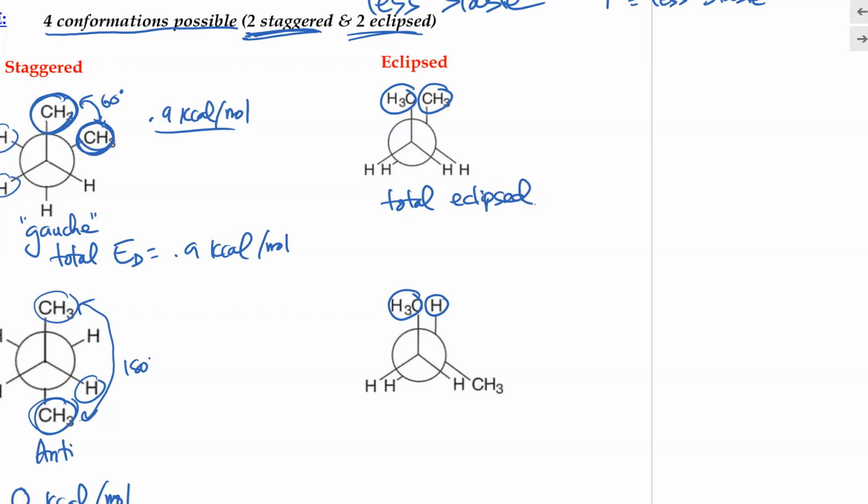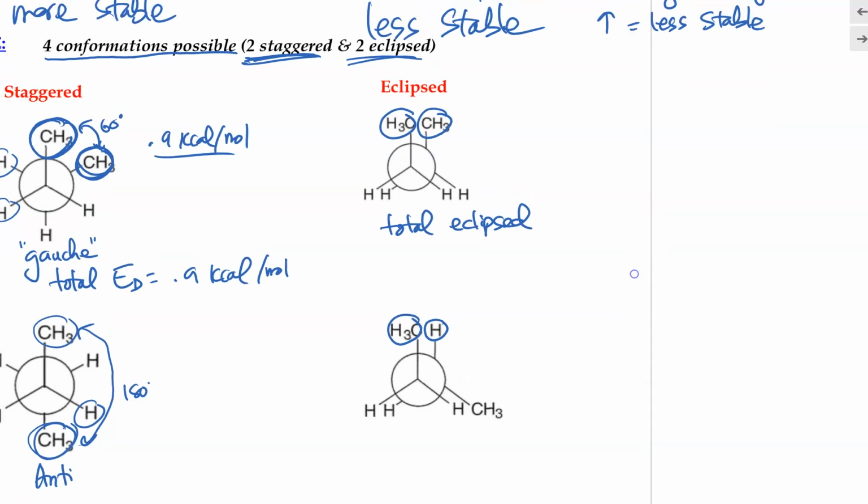And now let's calculate how much energy is associated when the two methyl groups are eclipsing each other, because they are very big and right now they're overlapping exactly on top of each other. This has an energy equal to 3.4 kilocal per mole.